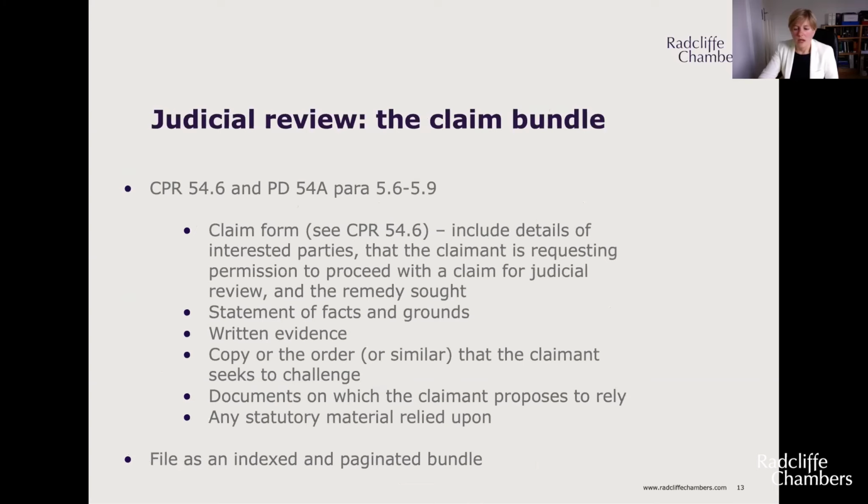So what's going in your claim bundle? Quite a lot, actually. As I said, CPR 54.6 and paragraphs 5.6 to 5.9 of the practice direction are where you need to be looking. Unsurprisingly, the first document that goes in your claim bundle is your claim form, and it must state that you are requesting permission to proceed with the JR claim and the remedy that you are after.